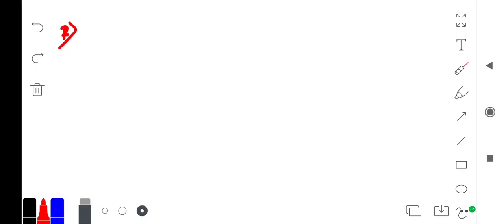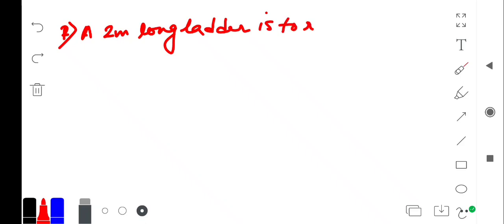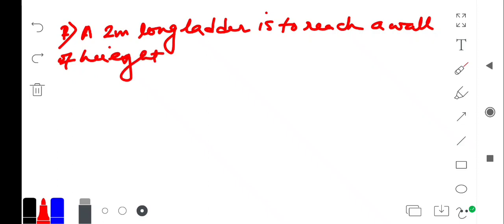The next question is: a 2-meter long ladder is to reach a wall of height 1.75 meter.